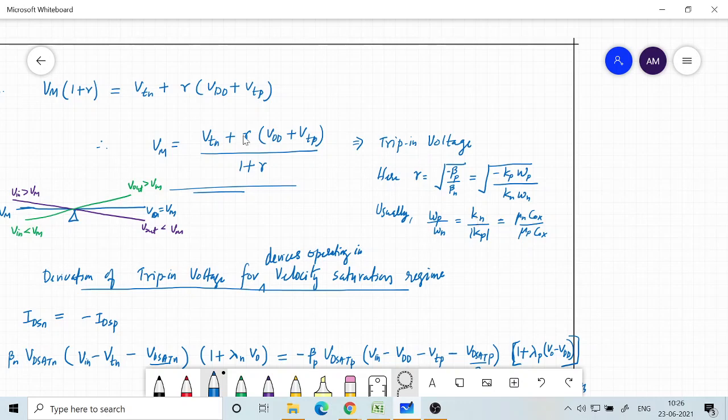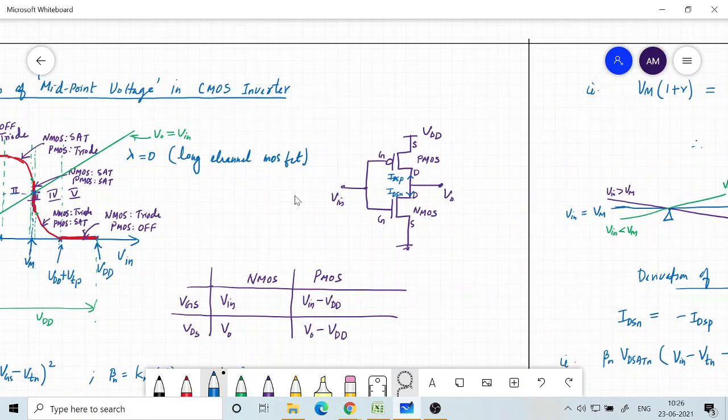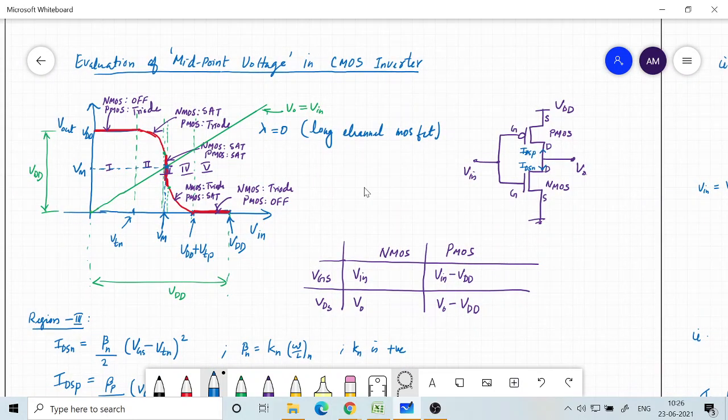So that is something that you have to verify from the transfer characteristics. Even here I have taken Vtn larger than minus Vtp, right? So this is my minus Vtp, this much is my Vtp, and this much is my Vtn.